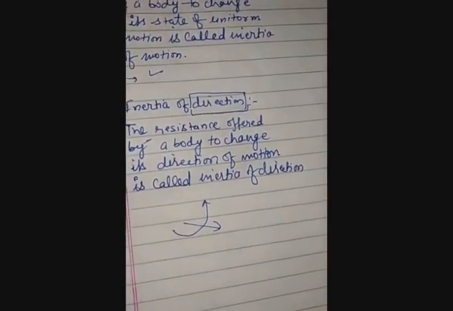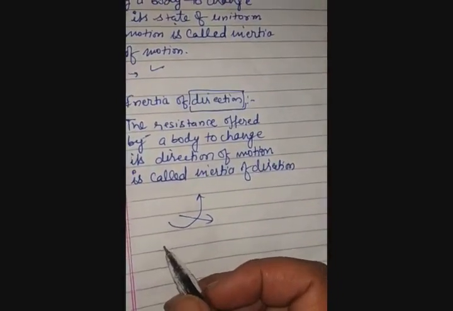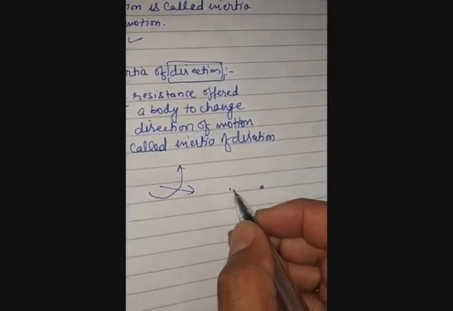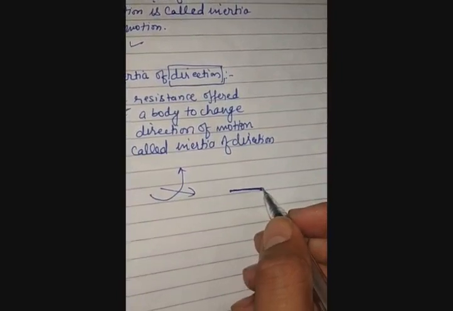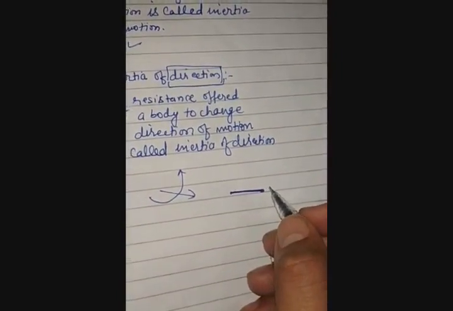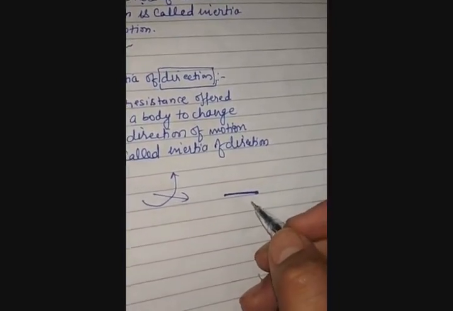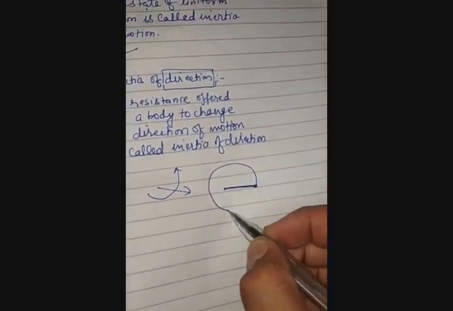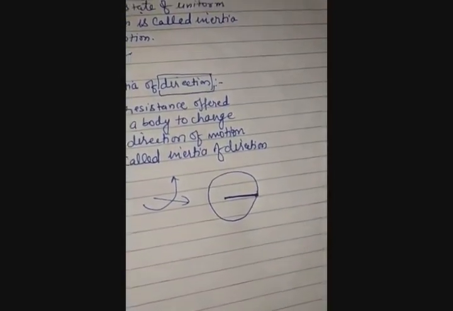Some more examples we can include. Suppose a stone is tied to a string and is whirled around in a circular path. What happens when the string is cut?